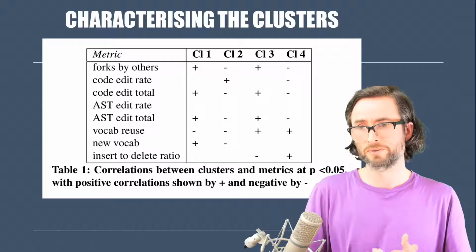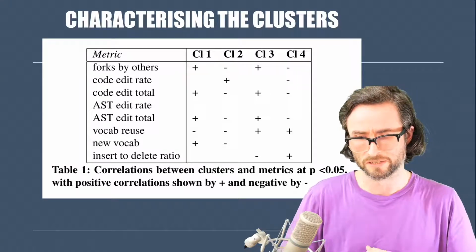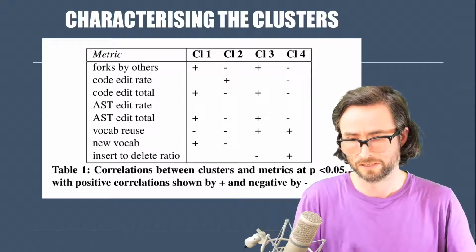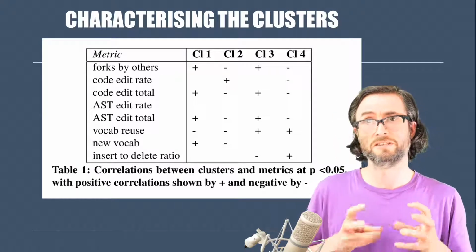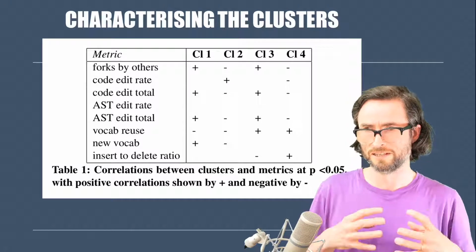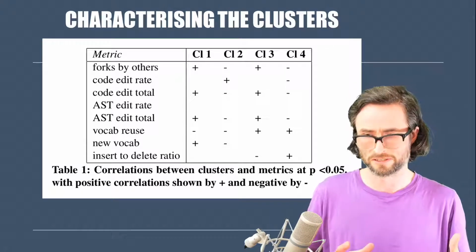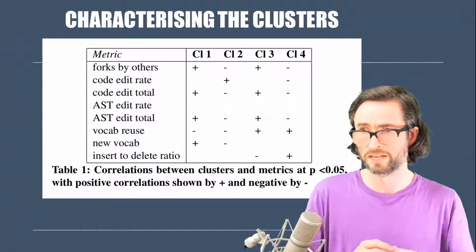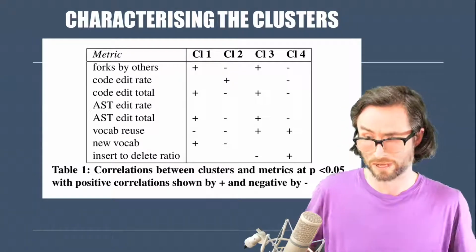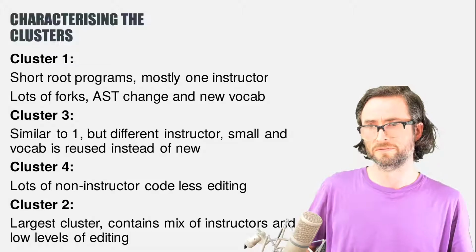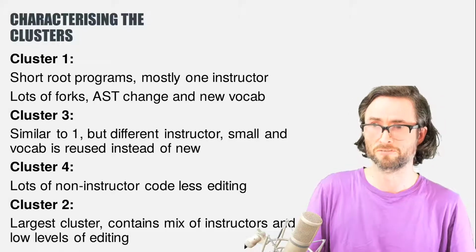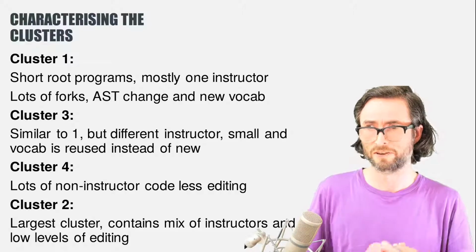So how do we characterize each of the clusters? This shows that there are very specific features of each cluster which allow us to characterize them in terms of, yes, this set of programs were used in a certain way, this set of programs were used in another way. We also found that the instructor responsible for those original programs was often identifiable in the cluster.